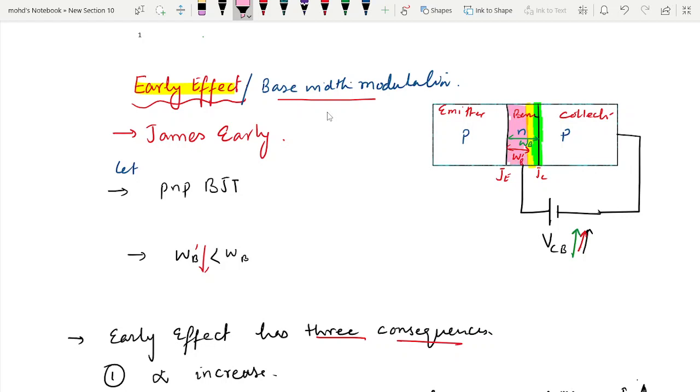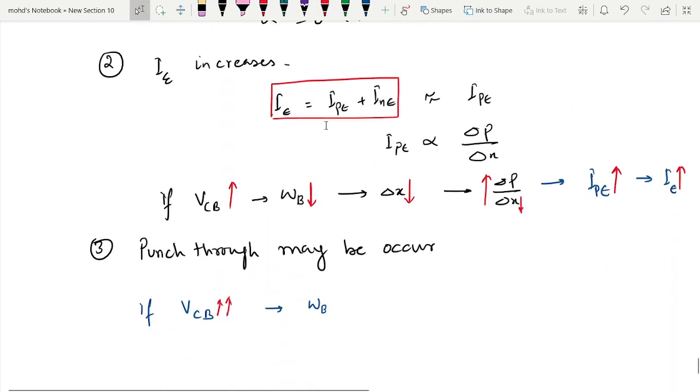If we increase VCB sufficiently, the base region will be fully occupied by the depletion region, which leads to more current reaching the collector region, and IPC value will increase.